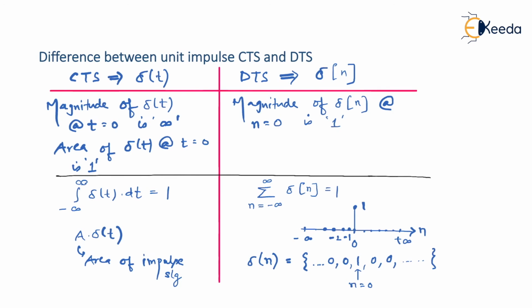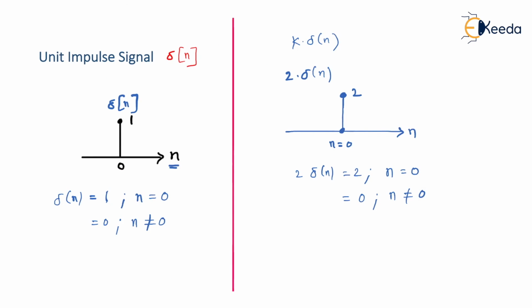We have already seen this here. When I write k times del of n, k is the magnitude. When I write 2 dot del of n, 2 is the magnitude. So remember, in a times del of t, a is area, and when I write a times del of n, here a is a magnitude, or you can say amplitude also. One and the same thing here.